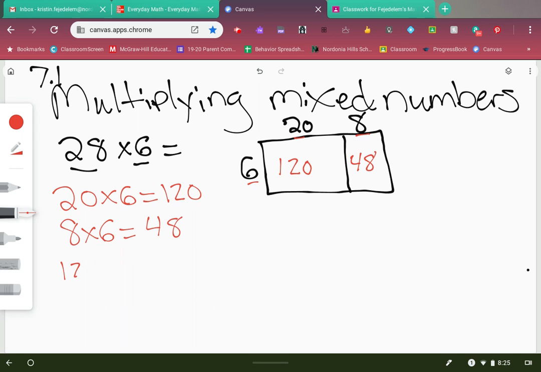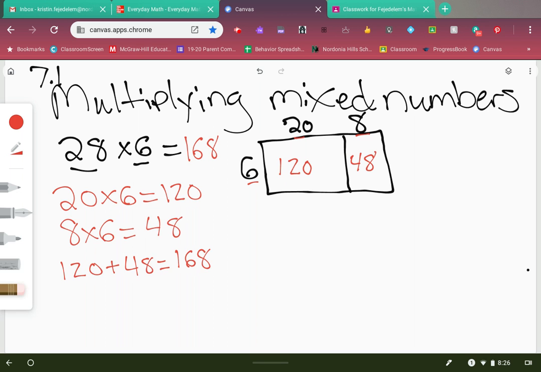So 120 plus 48 gives us 168. So our answer to 28 times 6 is 168. That is how we use partial products to solve whole number situations.